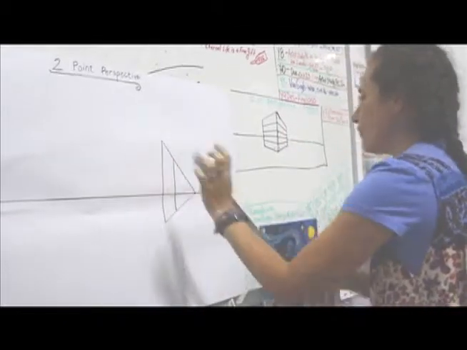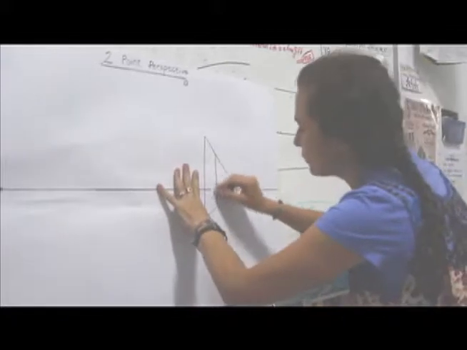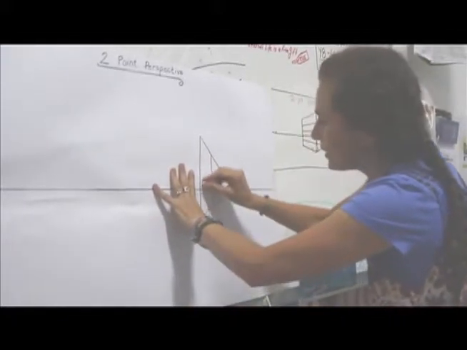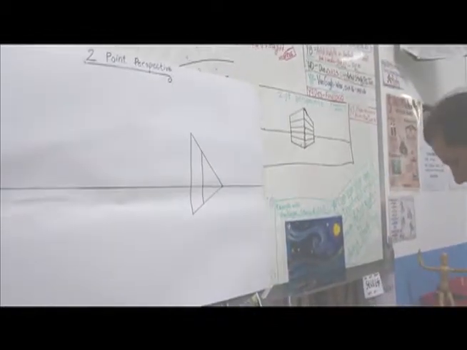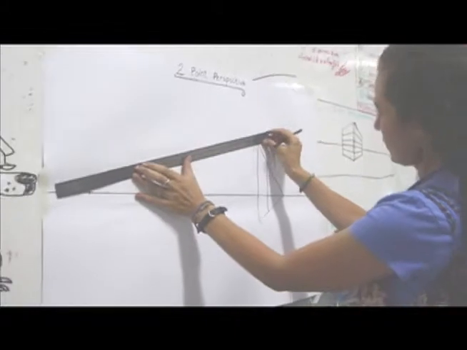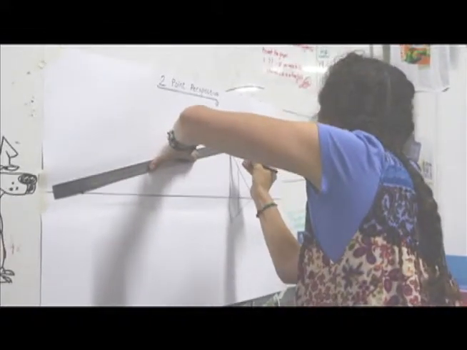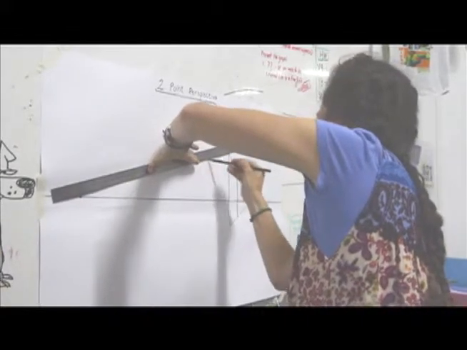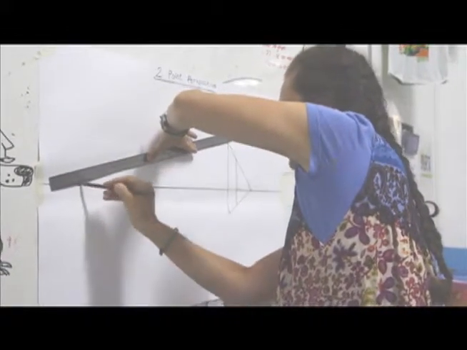What I'm going to leave are those lines for teaching purposes, and I'd like you to leave them in your sketch pad, but you can then erase the horizon line going through your building, which should work a little better for you. Now you're going to go to the second vanishing point, since this is called two-point perspective, and have your line go all the way down to that second vanishing point.